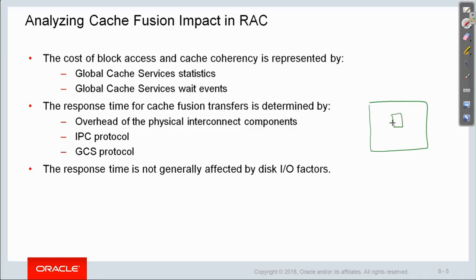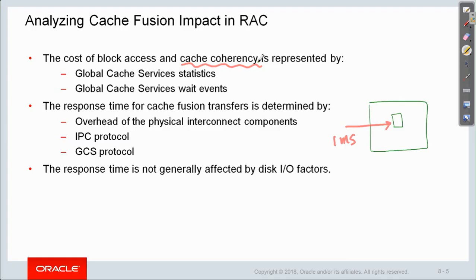If this were a single instance environment, how long would it take to read this database block? This is just a millisecond, or less than a millisecond. Okay? But what about in a RAC environment? It may take longer than this time. Why? Because of the cache fusion algorithm.